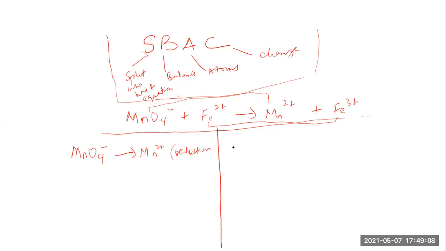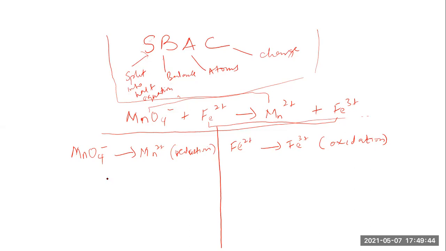And of course, for this, iron 2 plus has moved to iron 3 plus. So this is basically oxidation. Why? It is oxidation because the oxidation number has increased from 2 plus to 3 plus. After I've split, now I want to balance.